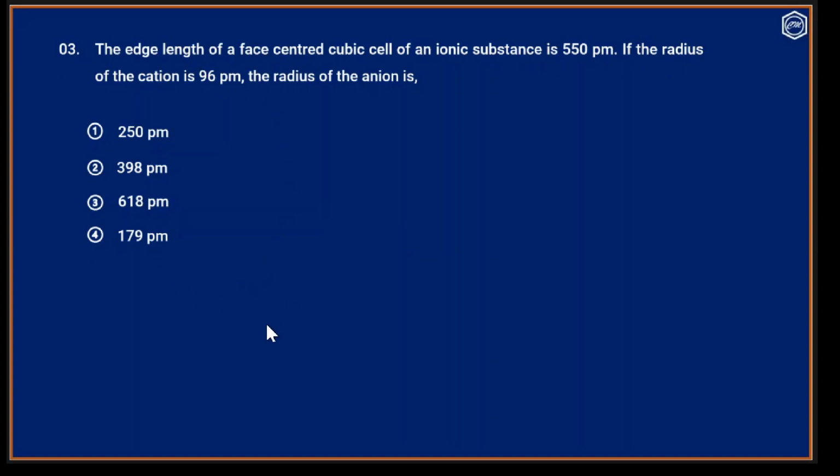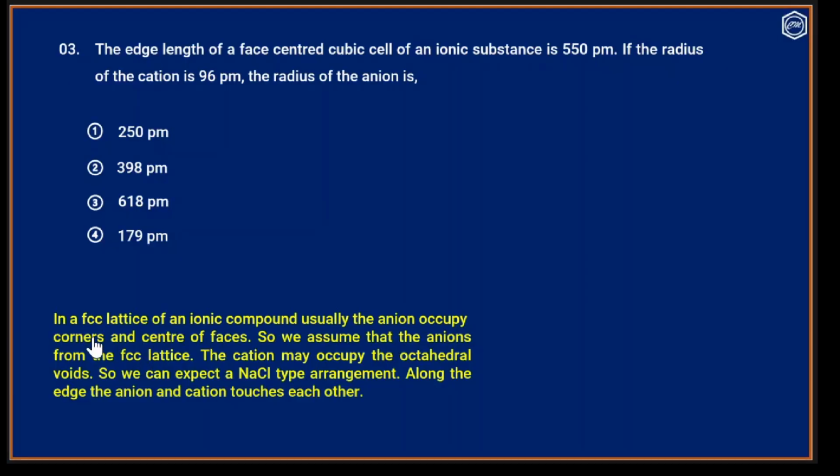So this is an FCC lattice. In a FCC lattice of an ionic compound, usually the anion occupy corners and the center of faces. So we assume that the anions form FCC lattice. The cation may occupy the octahedral voids. So we can expect a sodium chloride type arrangement.